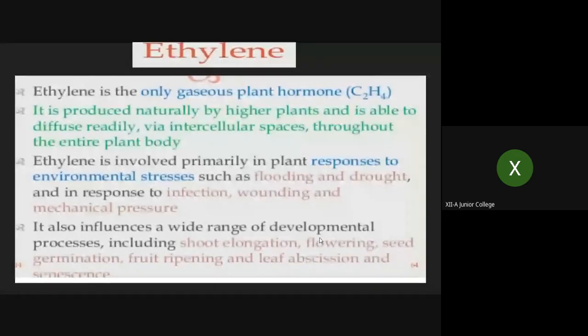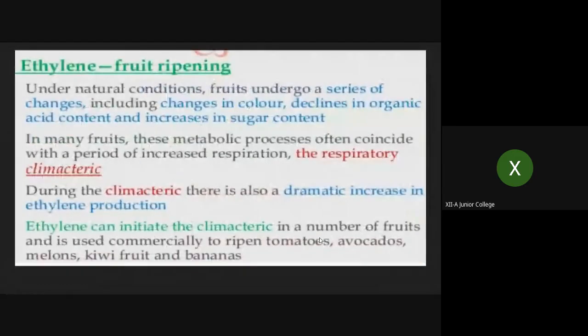So fruit ripening, naturally it ripens, so naturally this gas is produced. But artificially, in economically important fruits, nowadays it is a very, very common practice. Why is it a common practice?